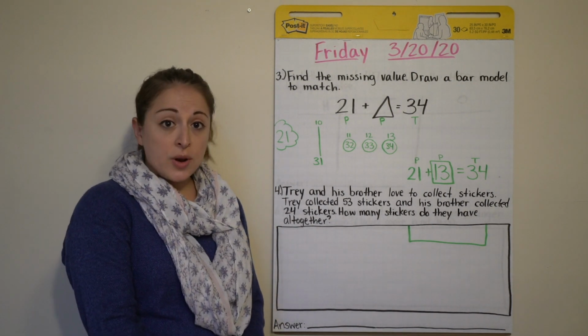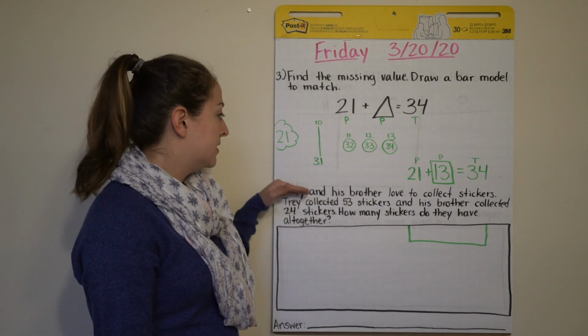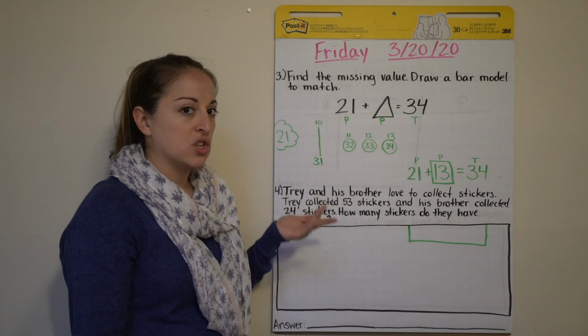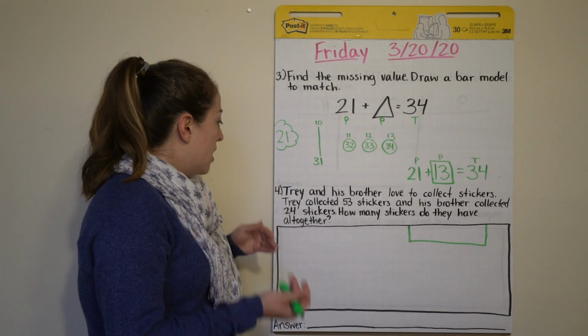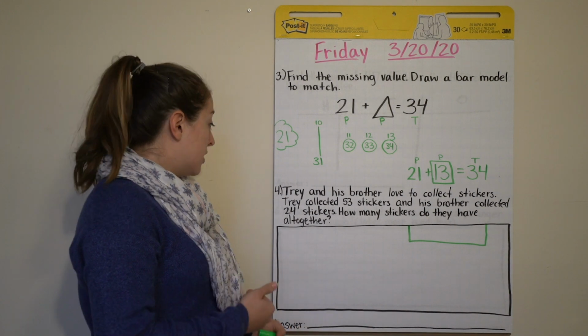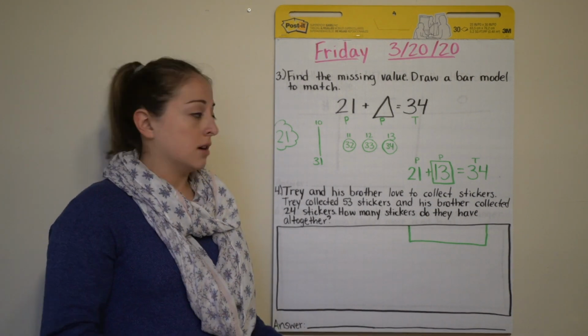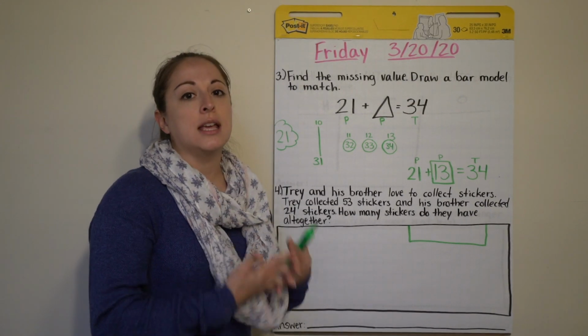Okay, so I'm actually going to read the problem after that first sentence because this is just giving us information that they love to collect stickers. So I'm going to read this part again. Trey collected 53 stickers and his brother collected 24 stickers. How many stickers did they have all together?